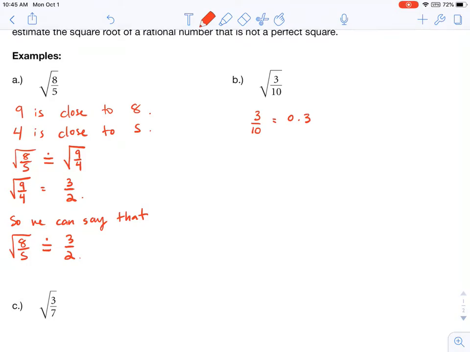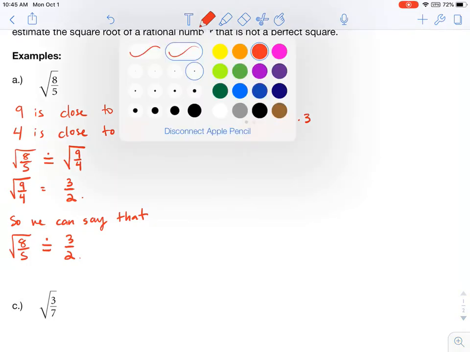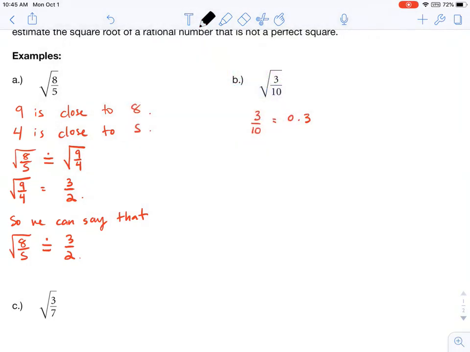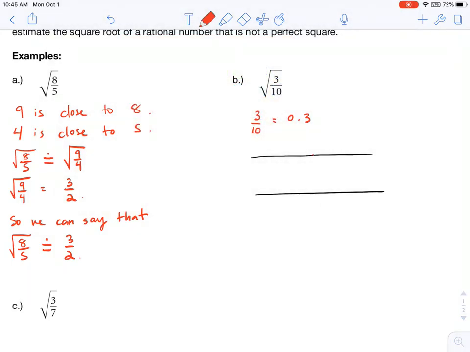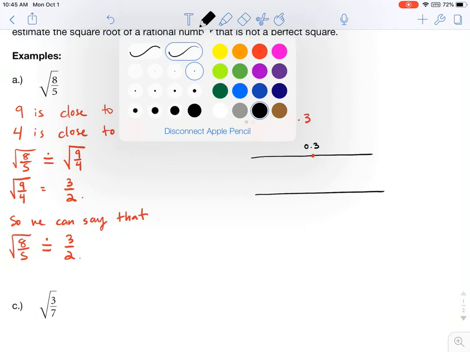So now we have to think of perfect squares that are close to 0.3. Let me draw a number line here. So let's say that this is 0.3 right here.